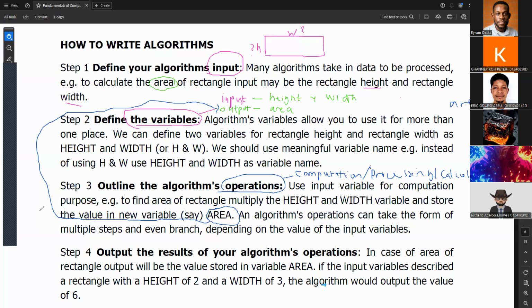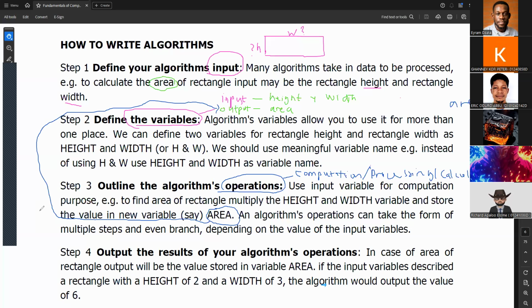It's going to store that value inside the new variable, your output variable area. Then it also says that an algorithm's operation can take the form of multiple steps and even branch, depending on the values of the input variable.